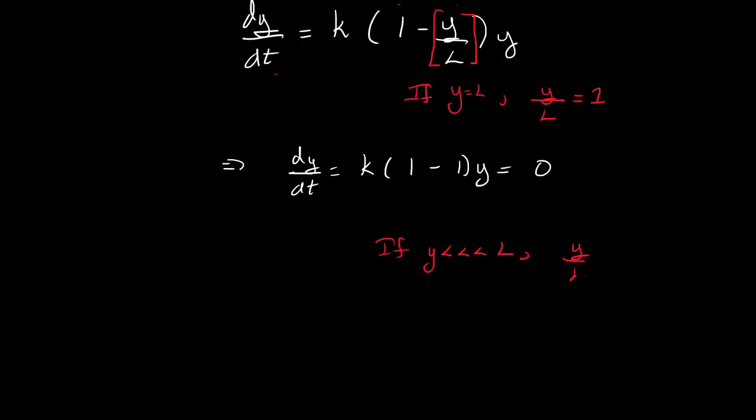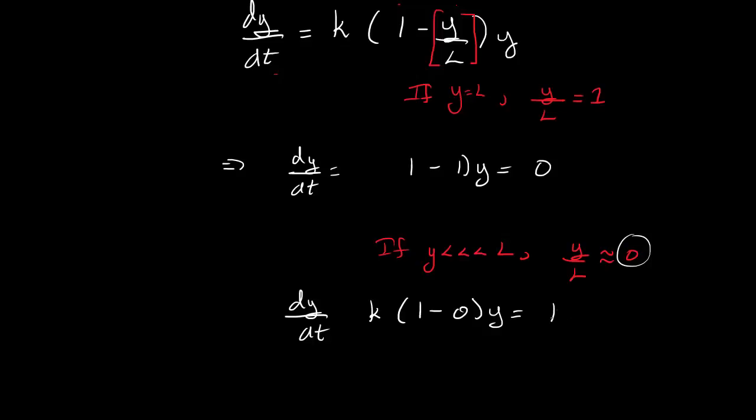That means y/L approximates 0. And this is when we get the relationship dy/dt is equal to k times (1 - 0), because remember this is approximating 0, all times y, and this is just equal to ky. And remember this is the uninhibited growth model.